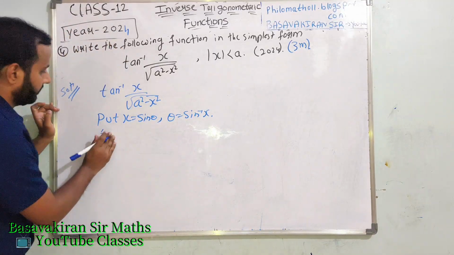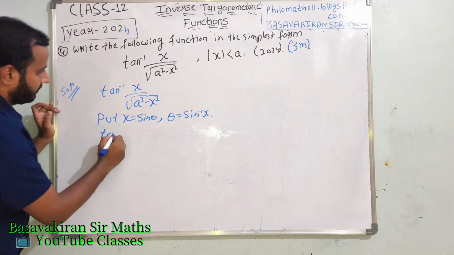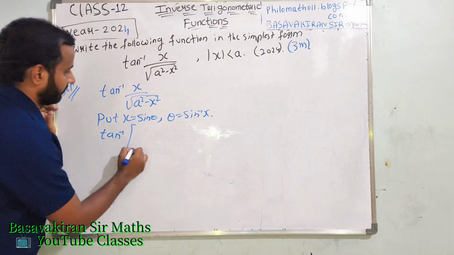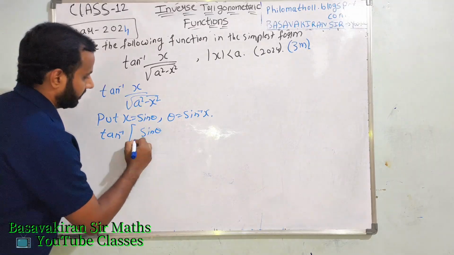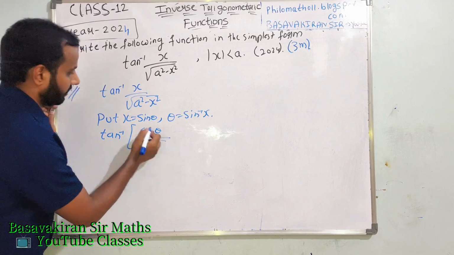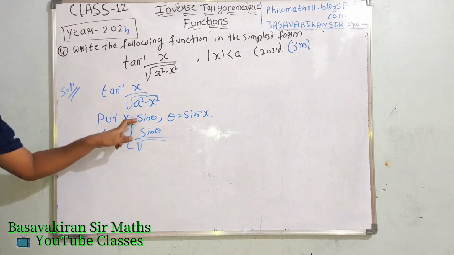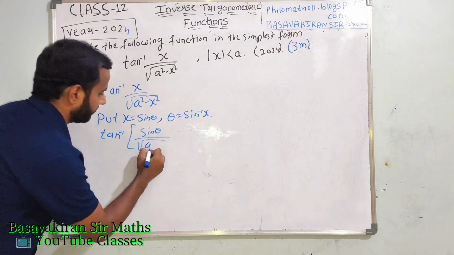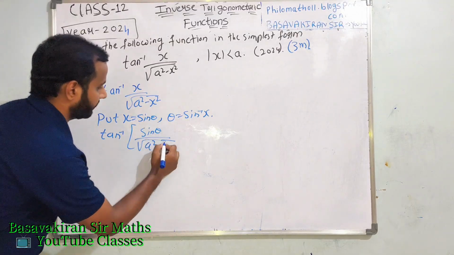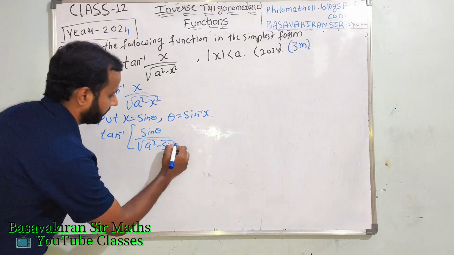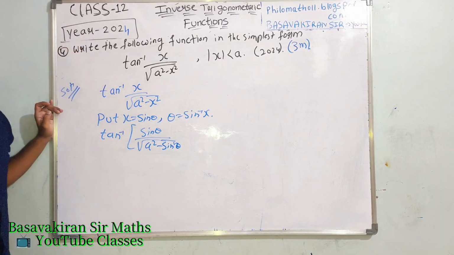Let us write tan inverse of sin theta divided by under root of a square minus what? If I take only the x value as sin theta, it is not possible.